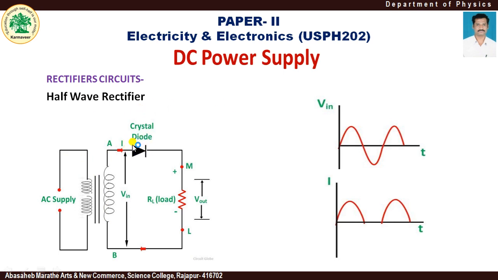During this reverse bias, the diode works as an open switch, and therefore no current flows through the load resistance RL, and therefore no voltage is developed across it. So this is the zero voltage here for the negative half cycle.